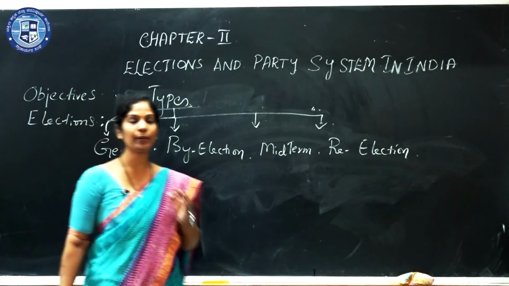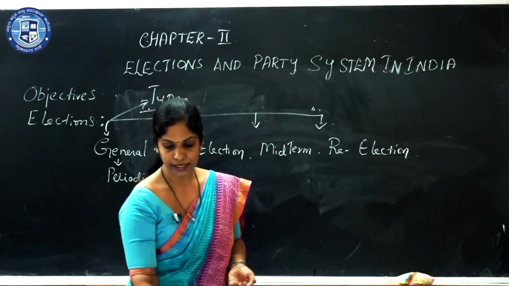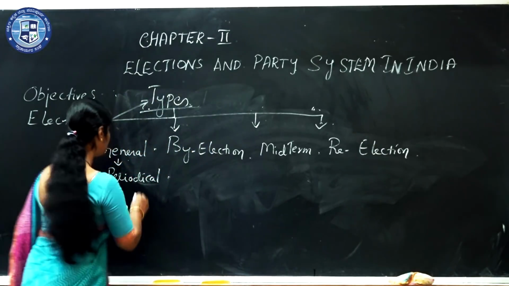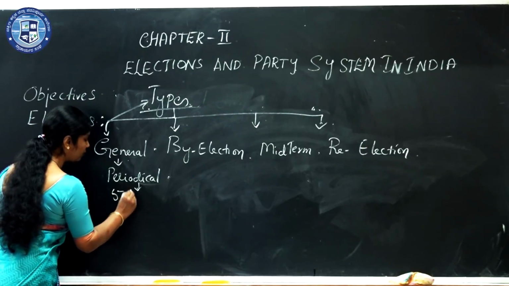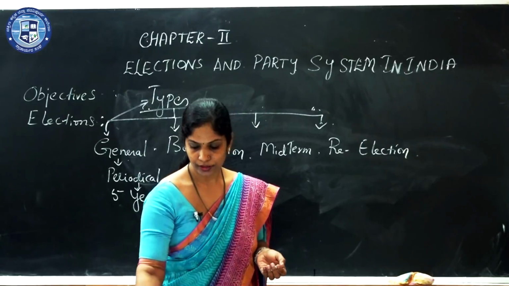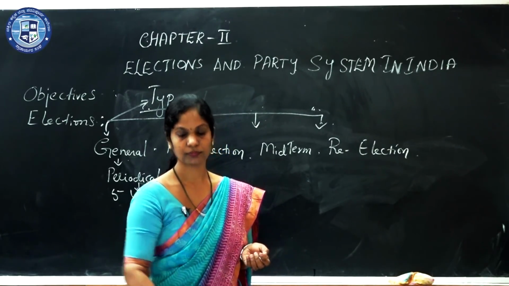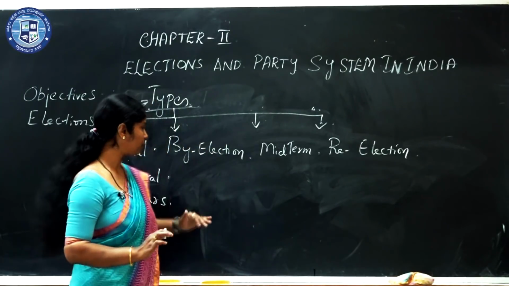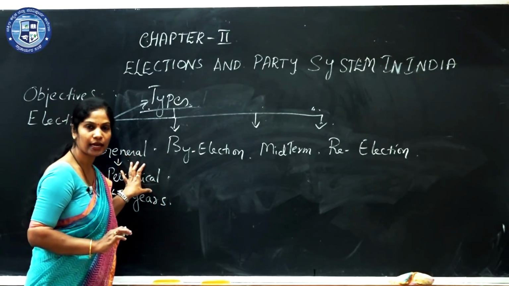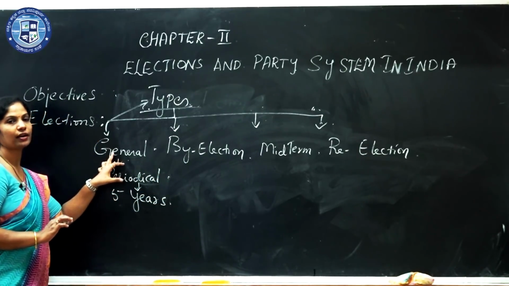Okay, they are held once in 5 years, whenever the term of the government expires after 5 years, the elections are held periodically, and that election is known as the general election.